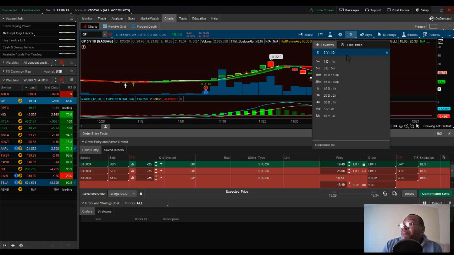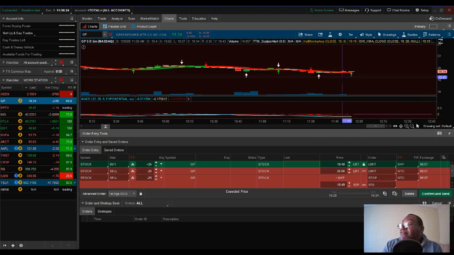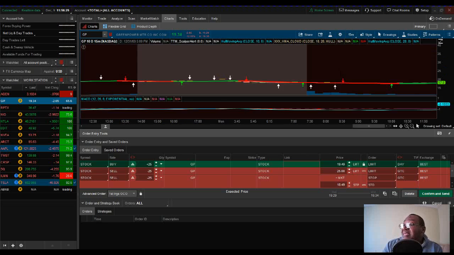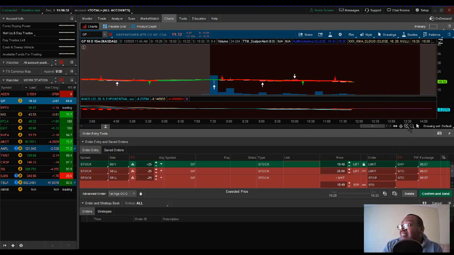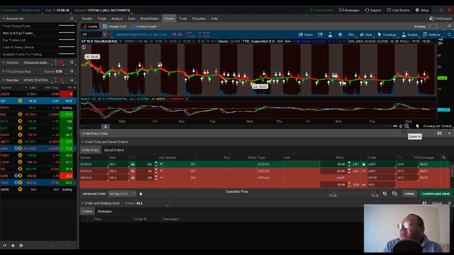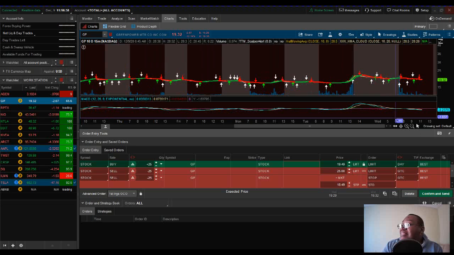So everything meets my criteria for this stock. And especially looking at the 5 minute, look at that. There's the arrow. Just got going up. Let's see what the 15 says. 15 minutes says it's gonna go down.